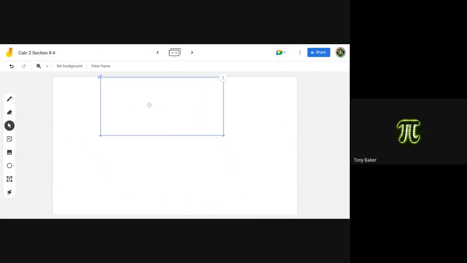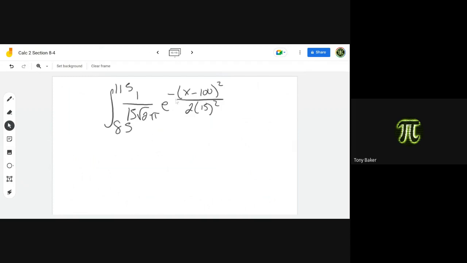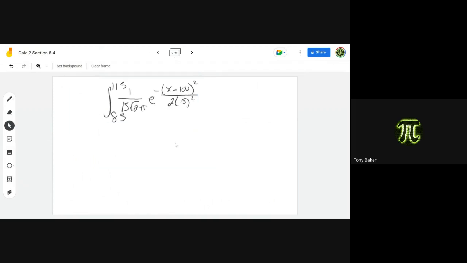All right, so we've got this. The first big part, this whole piece we can pull out, because that's literally just a constant. So now we have e to the negative (x minus 100) squared.